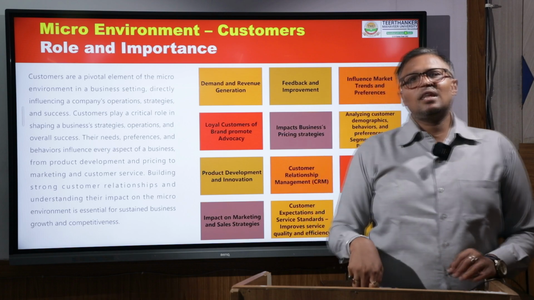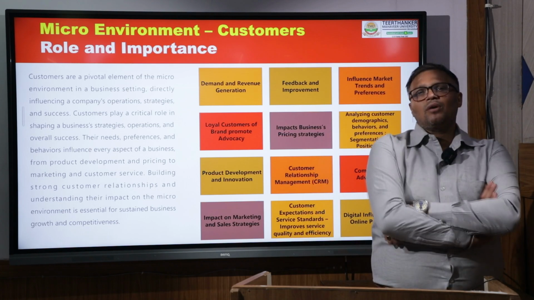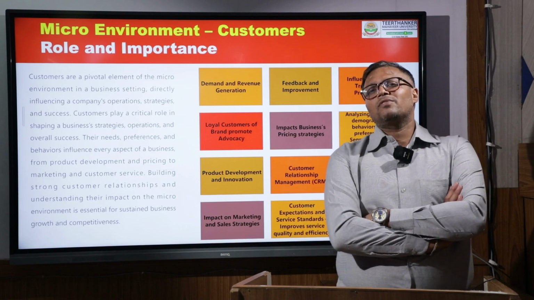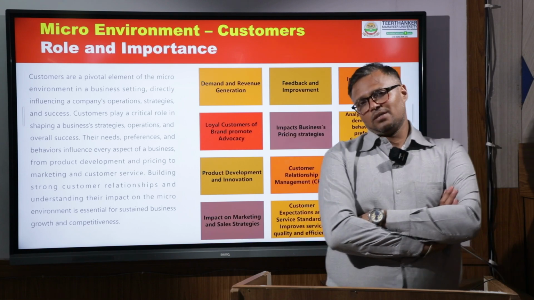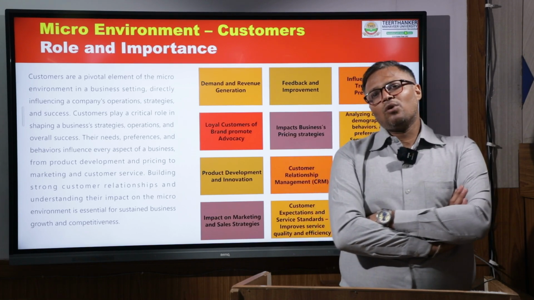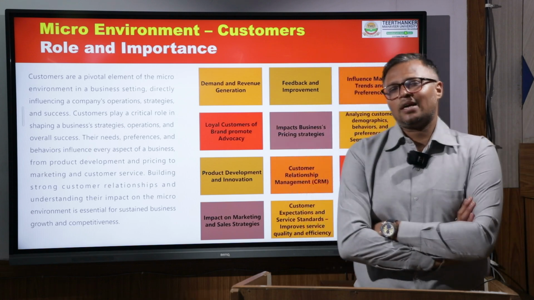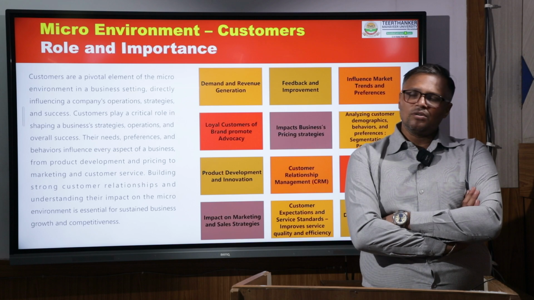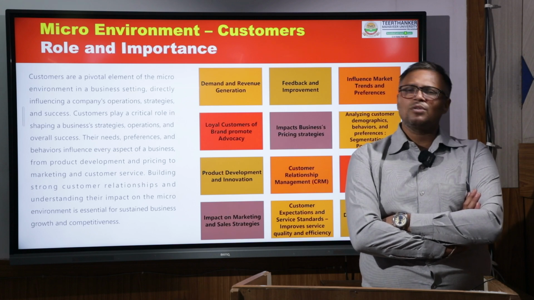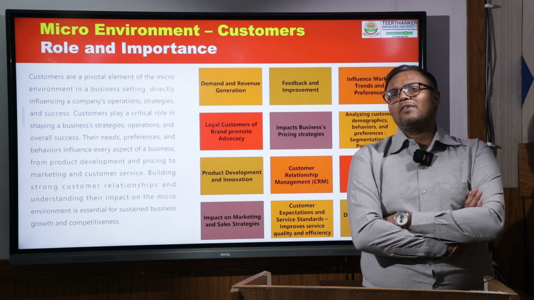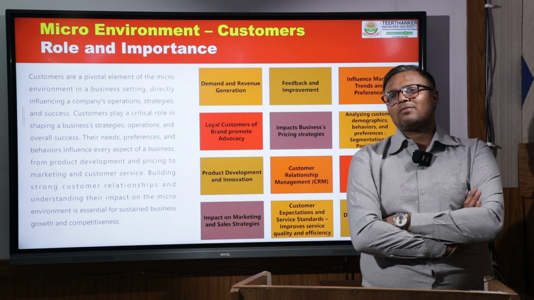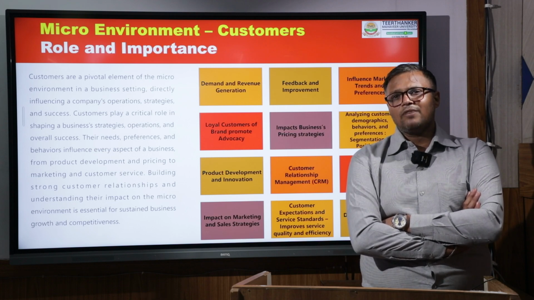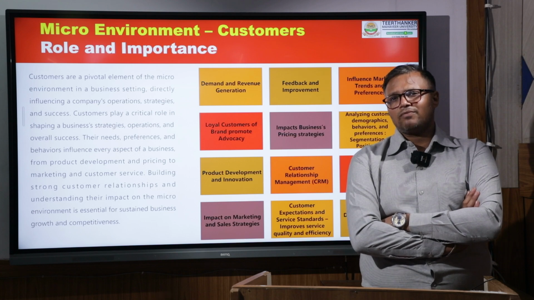Advocacy means they fight with some random public or customers or someone else in case they find that someone is saying negative for their product. This represents the role of customers for a specific organization. If a customer is very loyal to the organization and very happy with the product or services, they will even argue with some random people that yes, these things are good. And if they are happy, they will even recommend your product or services to someone else.